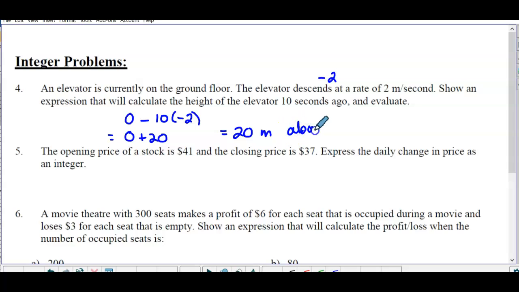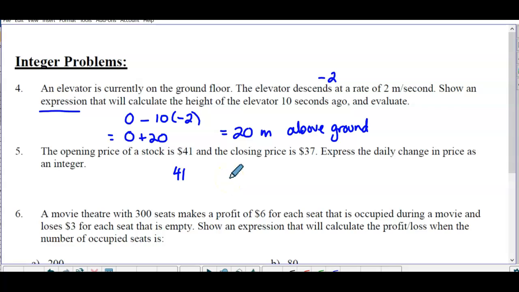Okay. Now, the reason why I showed it like that is because it says to show an expression. You may have just done it in your head and figured it out, but that would be the integer expression to show it. Next one, the opening price of a stock is 41 and the closing price is 37.